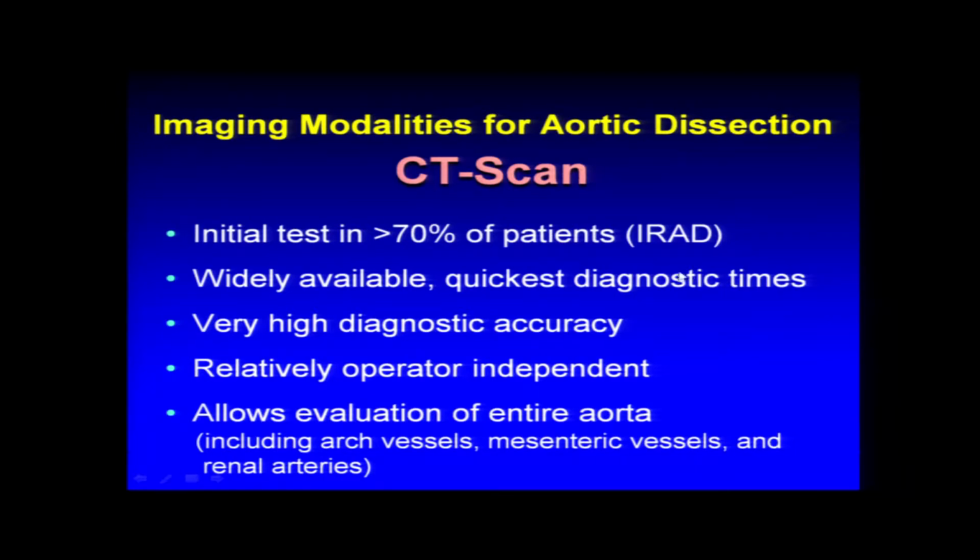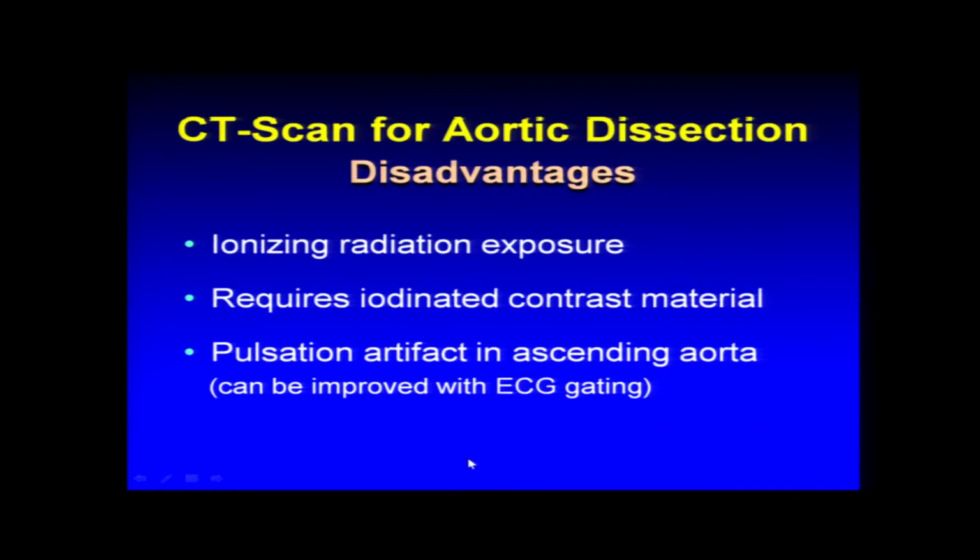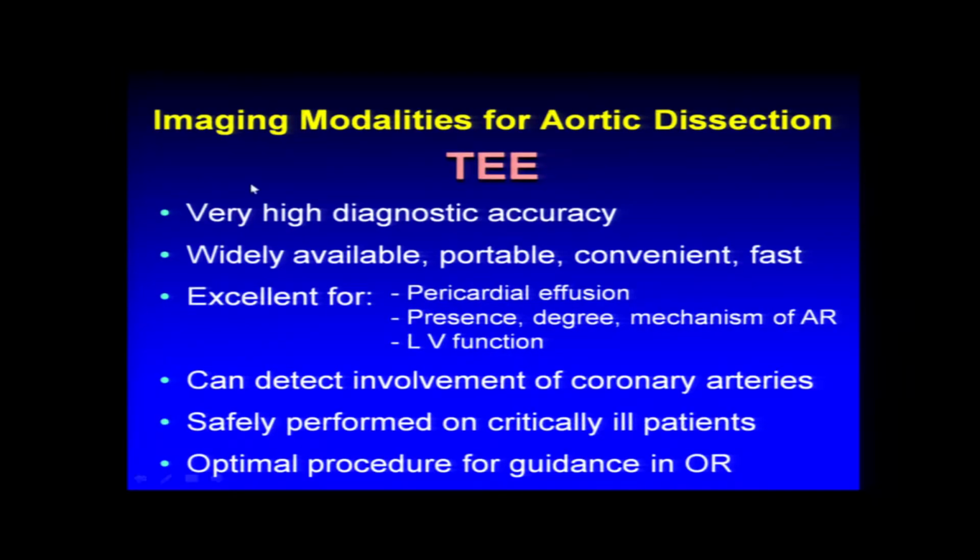Essentially every hospital has CT scan, very high diagnostic accuracy, doesn't require an operator dependency like TEE does, etc., and can see the entire aorta, arch vessels, the abdominal aorta, etc. There are some downsides to CT scan listed here, and for time's sake, I won't go over them in detail.